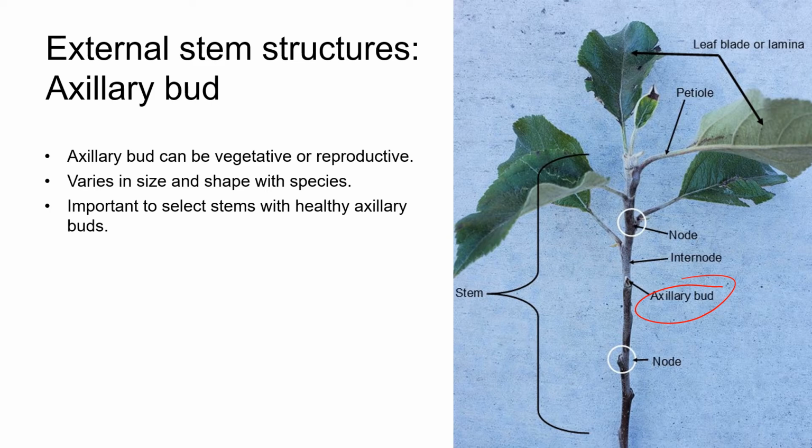Axillary buds can vary in shape and size depending on the species, but on most shrubs and trees they can be seen fairly easily. When we're selecting stems to use as stem cuttings, it's really important to use stems with healthy axillary buds that don't look dried up or as if they've been chewed by insects. We want these axillary buds to be healthy and to develop into lateral stems on our new plants.